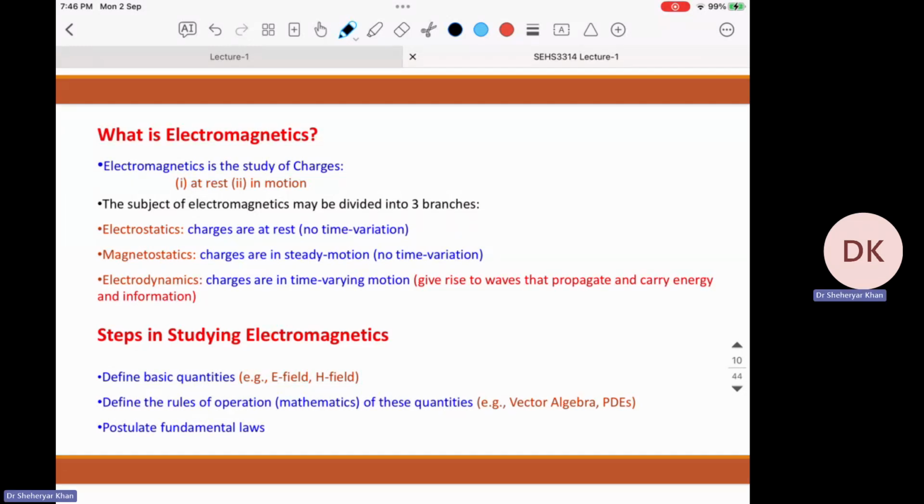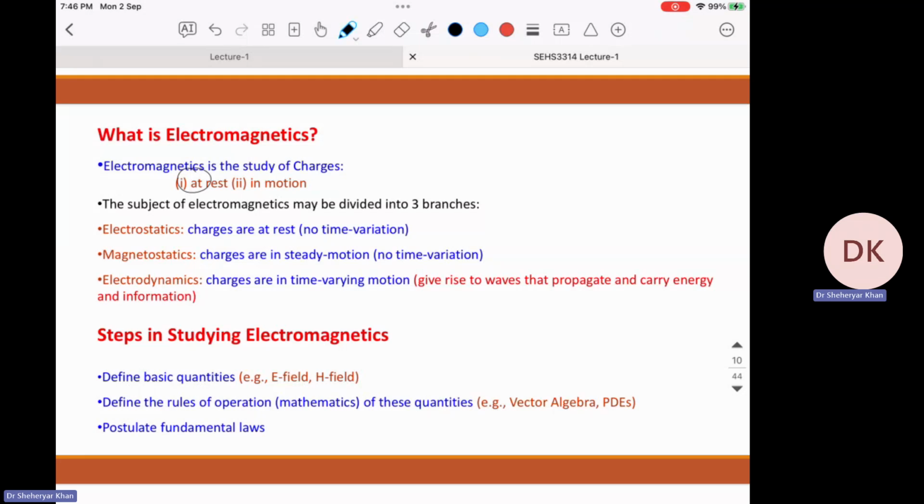They are at rest, for example, when the capacitor is charged. When you connect a capacitor to the voltage, the charge deposits on the surface of the plates, and then there's no current. That means they are at rest now.